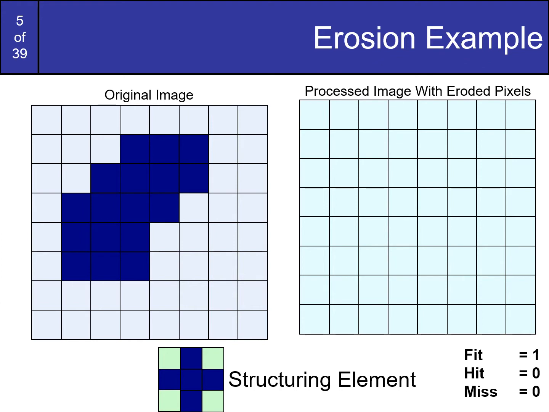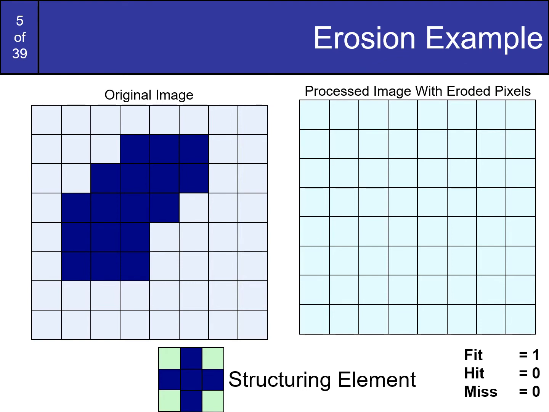Here we will look at an example of how erosion works. We have an original image on the left with object pixels in dark color, and we will do the erosion operation, and the result will be given in the right image.